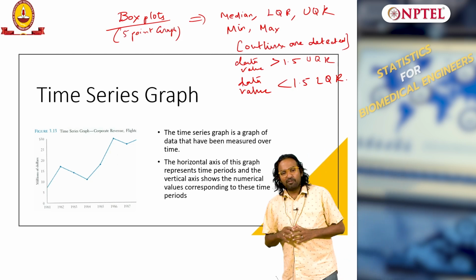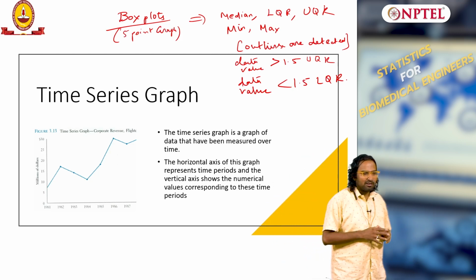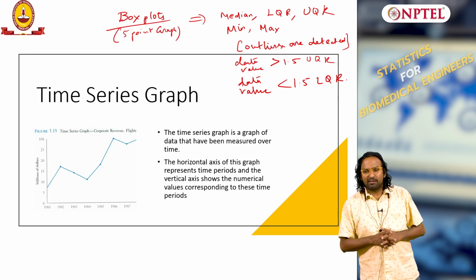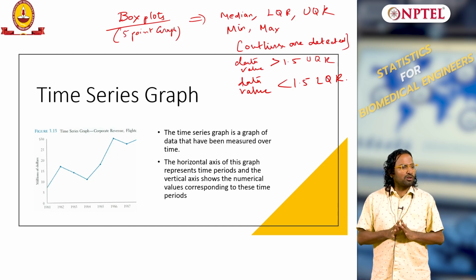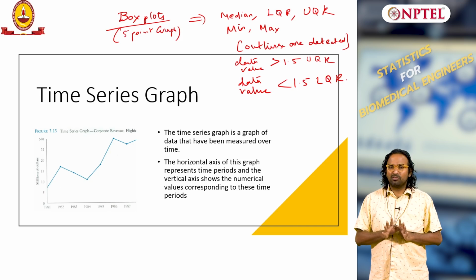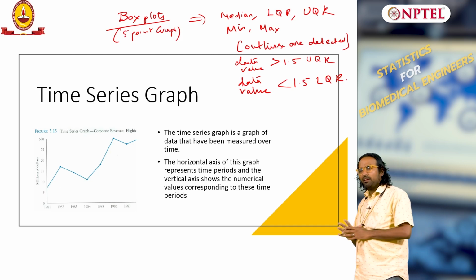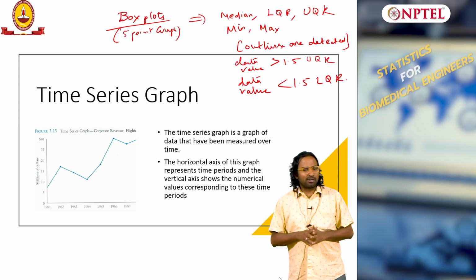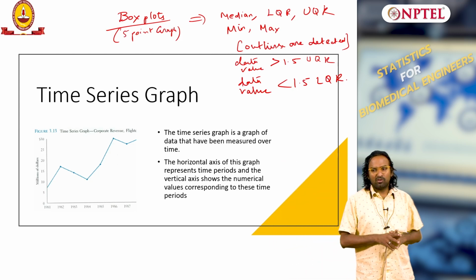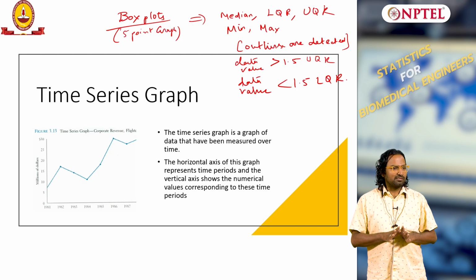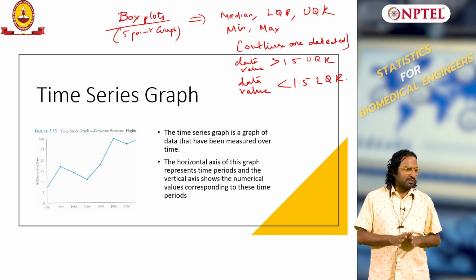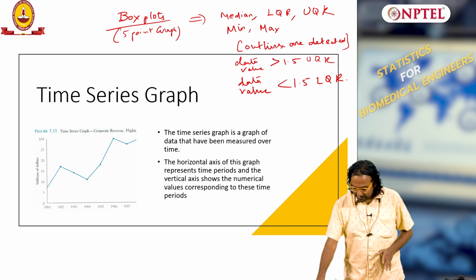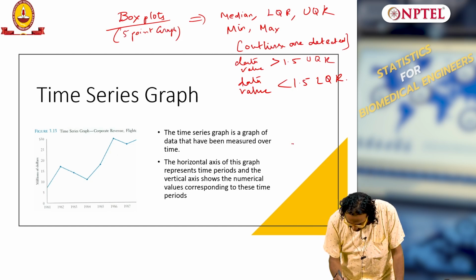The 5-point graph is composed of the median. You all know how to calculate a median? Everybody know how to calculate a median? Yes or no? How do you do it? Arrange in ascending order, sort in ascending order, and then pick out the middle value. If it is an odd number, it is straightforward. If it is even, you have to take the average, right. So, that is the median. So, you have the median as the center line.